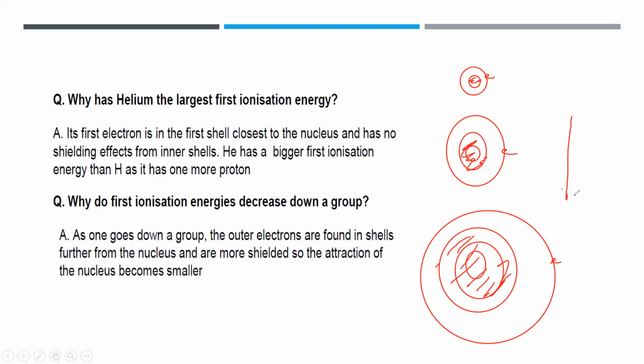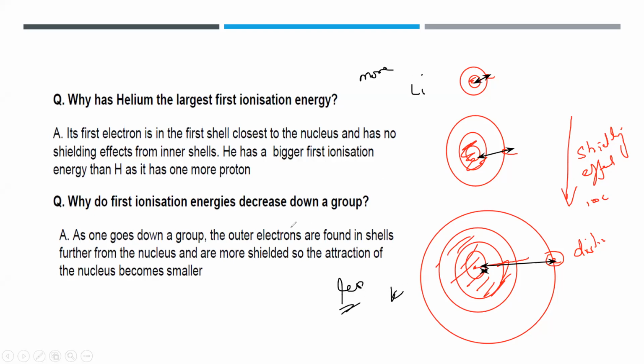So when we go down the group, the shielding effect increases, and the distance between the nucleus and the electron also increases. So to remove an electron from lithium, we need more energy, but to remove an electron from potassium, we need less energy.